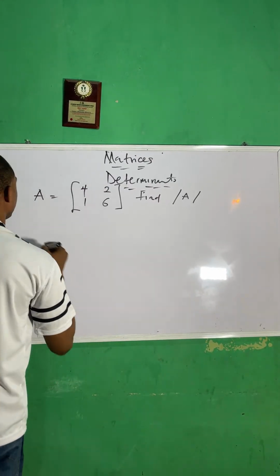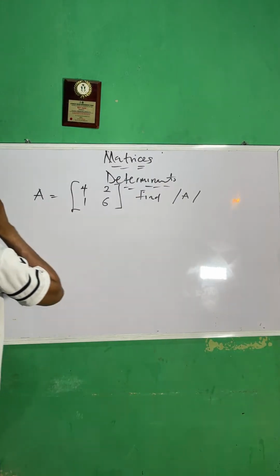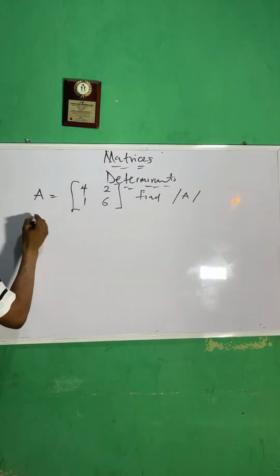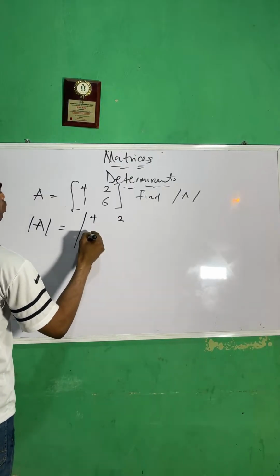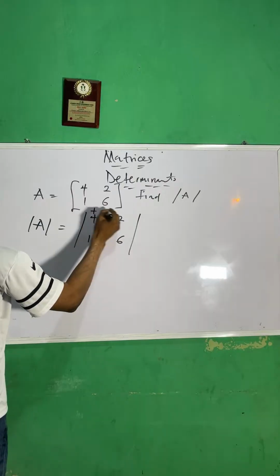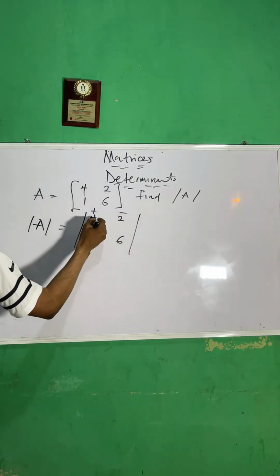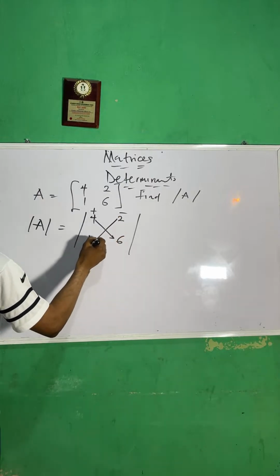For us to find the determinant, the determinant of A is going to be 4, 2, 1, 6. And here you'll be having plus minus. That means I'm using this to multiply this, then I'm using this to multiply this.